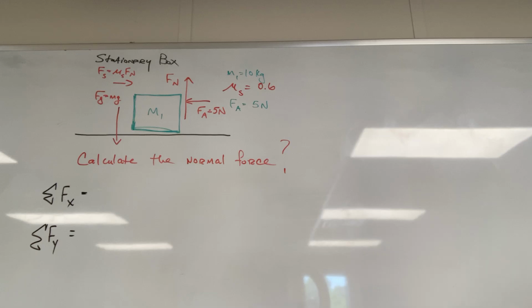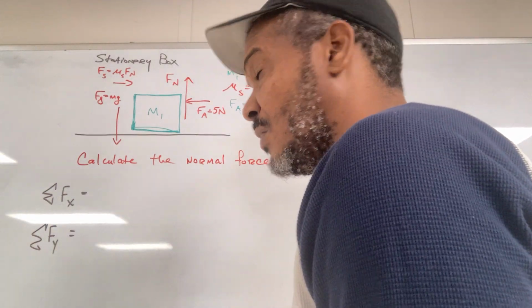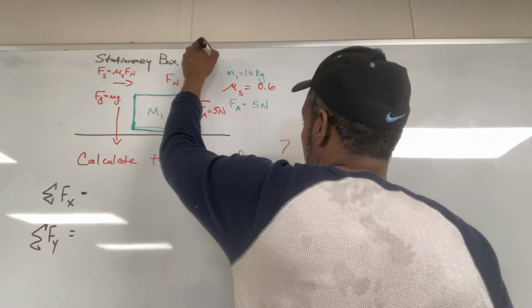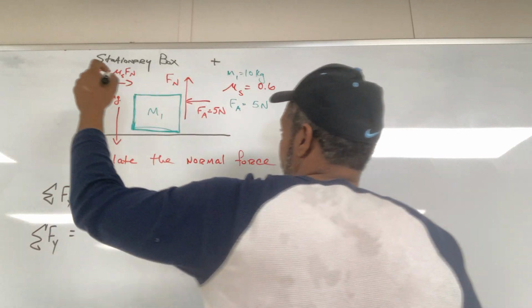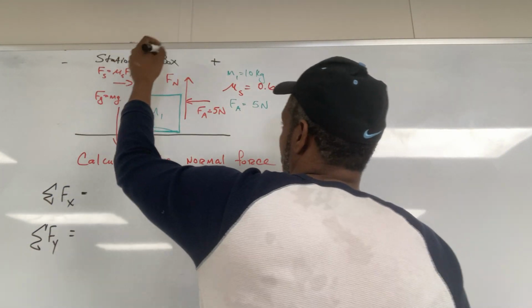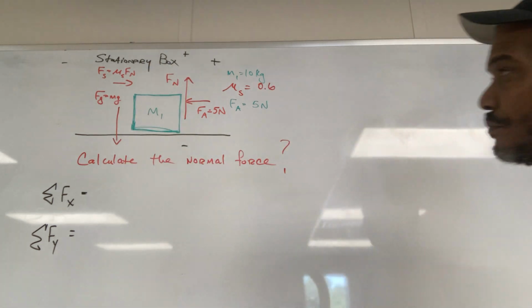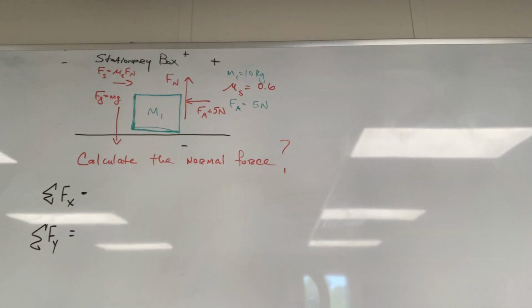So what are the forces in the x direction? And we're going to say this way is positive. Going to the right is positive. Going to the left is negative. And obviously going up is positive and going down is negative. Right? So now what?